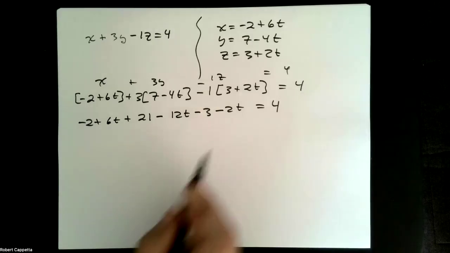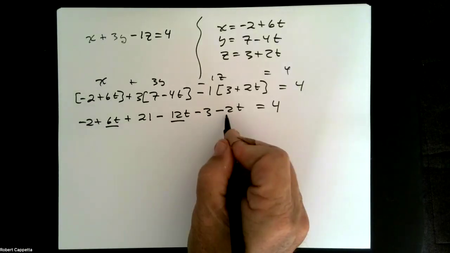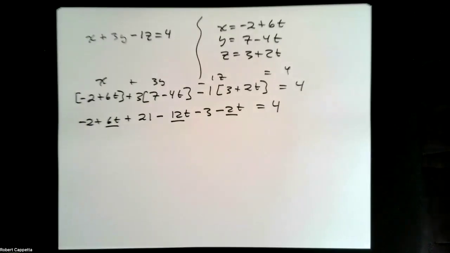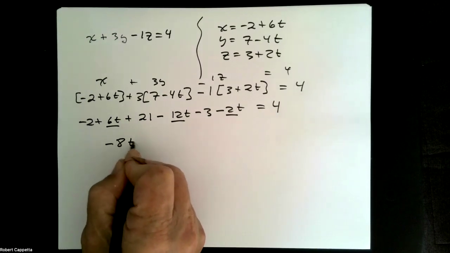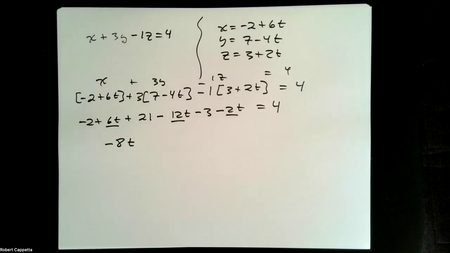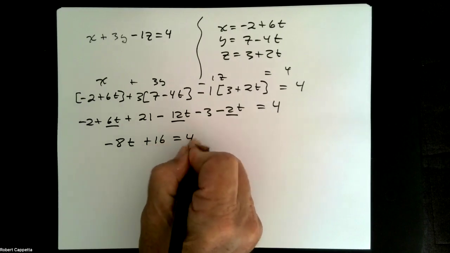I'm going to make a quick check to make sure I didn't make an error. Minus 12t minus 3 minus 2t. That looks pretty good. 6t minus 12t minus 2t. What is that going to be? 6 minus 12 minus 2 is -8t. Then we have -2 plus 21 minus 3, which is plus 16, equals 4.